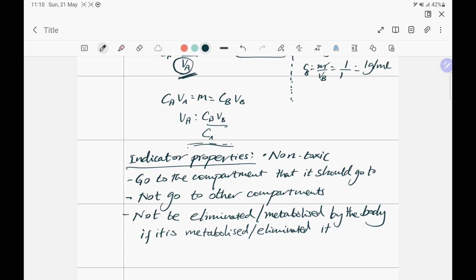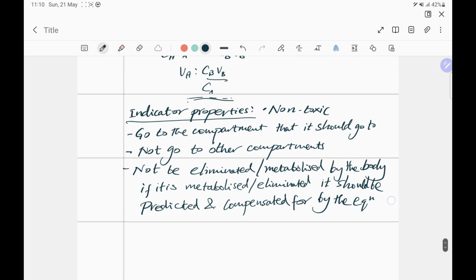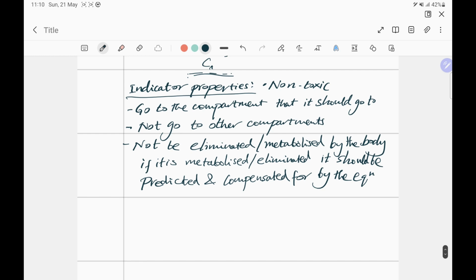So it should be predicted and compensated for by the math equation. So this is a very important thing, and of course it should be easily measured.